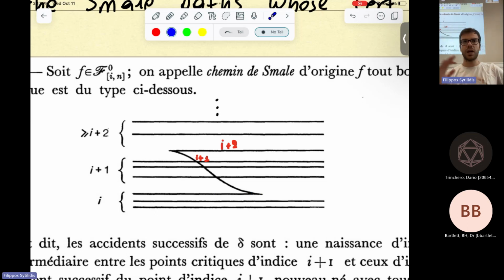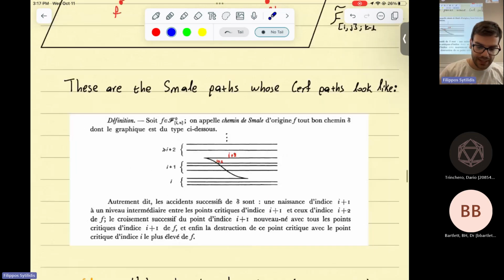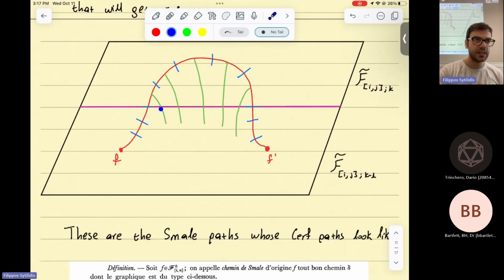These are just one parameter paths. We haven't really killed anything with them, but we've interchanged an index i critical point with an index i plus 2 critical point. That's what those paths do. And that's exactly what we need in order to go from something here to something here. So these green lines are Smale paths.